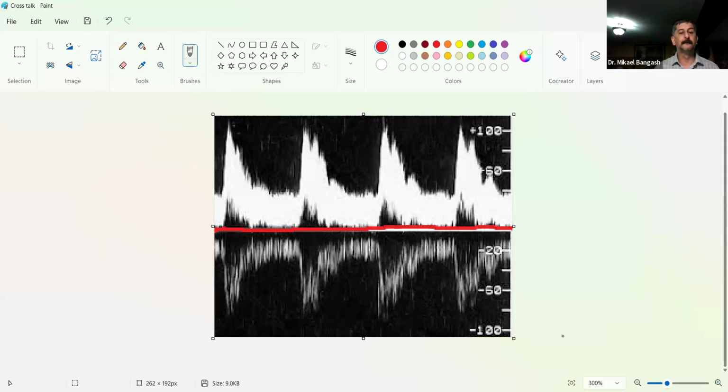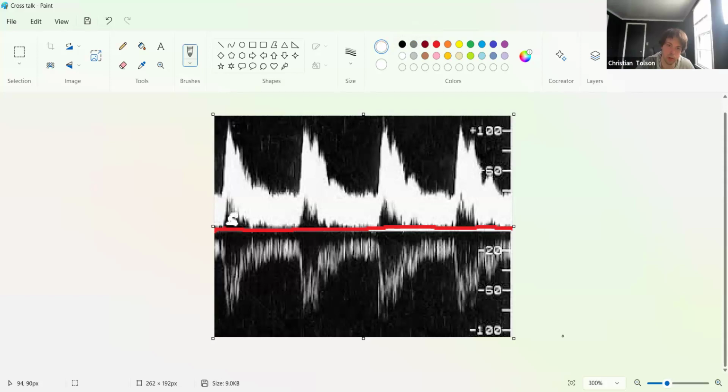Would that be spectral broadening? No, my dear, it would not be spectral broadening either. Because had it been spectral broadening, what would you have seen here? Noise in the spectrum. Exactly. Good guess.